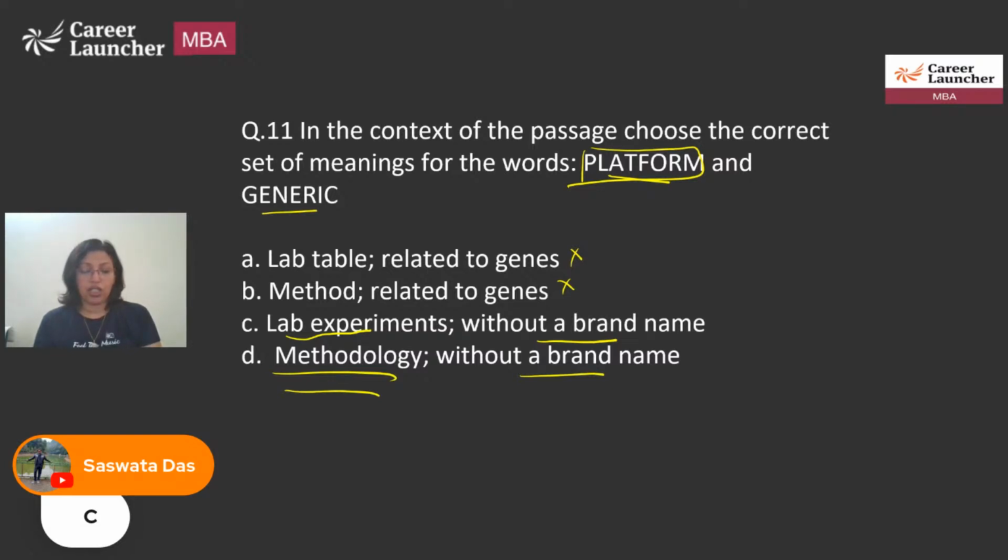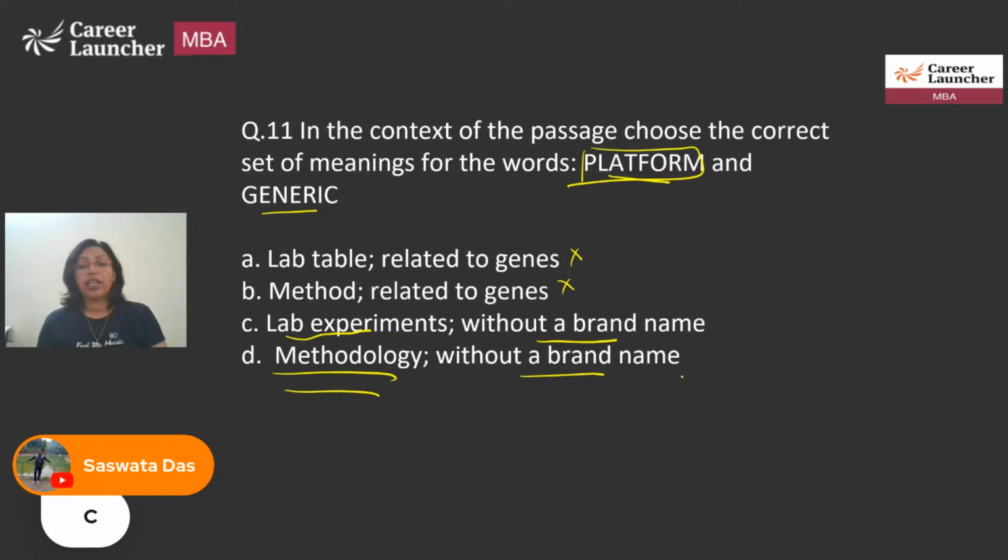I'm waiting for your answers. If you were to go back to the passage, I'm sure you would be able to find the answer to this question very clearly. Generic we know means without a brand name. So there are only two choices that are there. Again, platform was also mentioned somewhere in the passage in the sixth paragraph or somewhere, and it referred to methodology and not lab experiments.